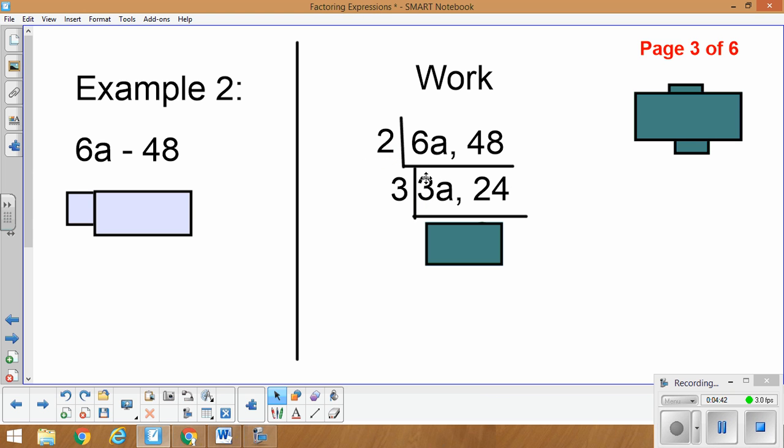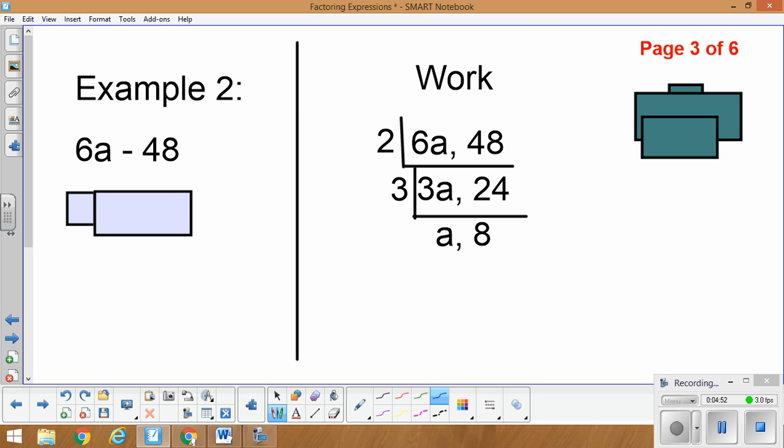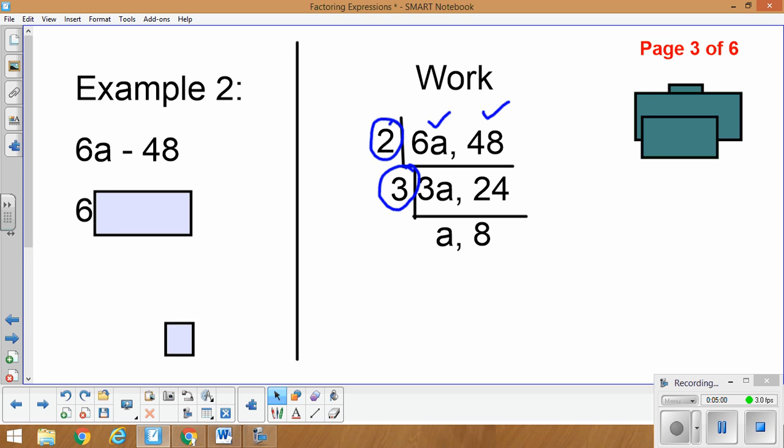So 3 goes into 3a 1a times, or just a, and 3 goes into 24 8 times. So our largest factor between 6a and 48 is 2 times 3, which is 6. We put our factor outside, and what's left over is down here.